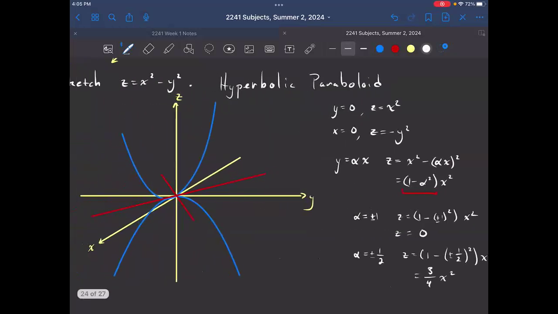So a little bit smaller than the standard parabola, or shorter, but still going upward. So our graph ends up looking a little bit more like that in those two directions. Like that.